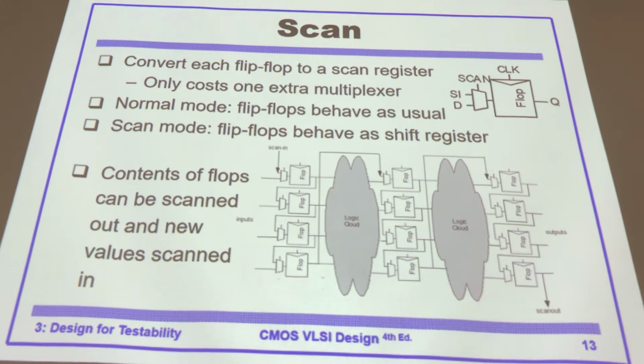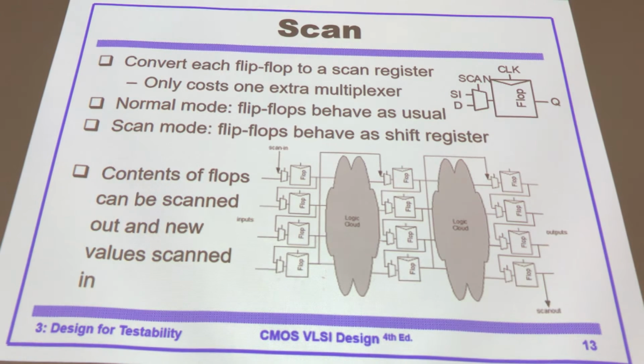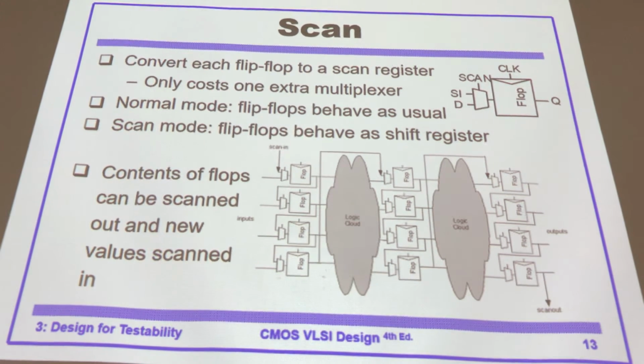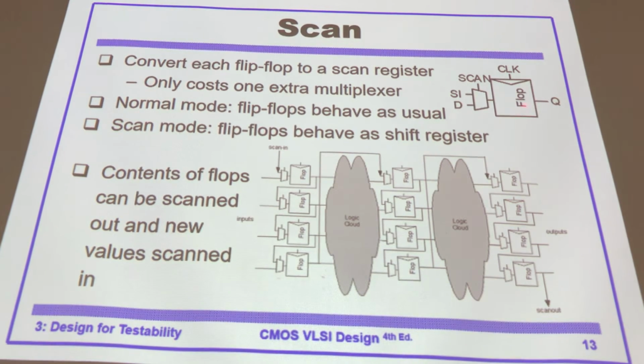And to do that, there's a very important technique which is called scan chain. We use scan chain to increase the observability and controllability. We modify each flip-flop in the chip to this.